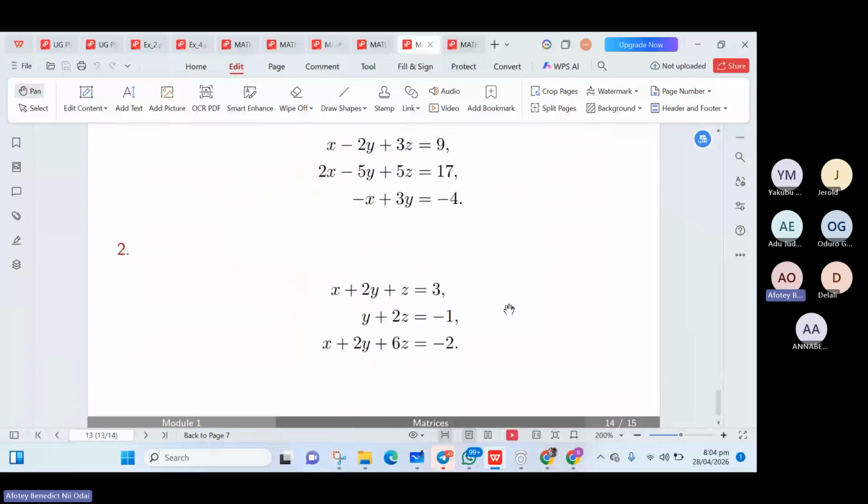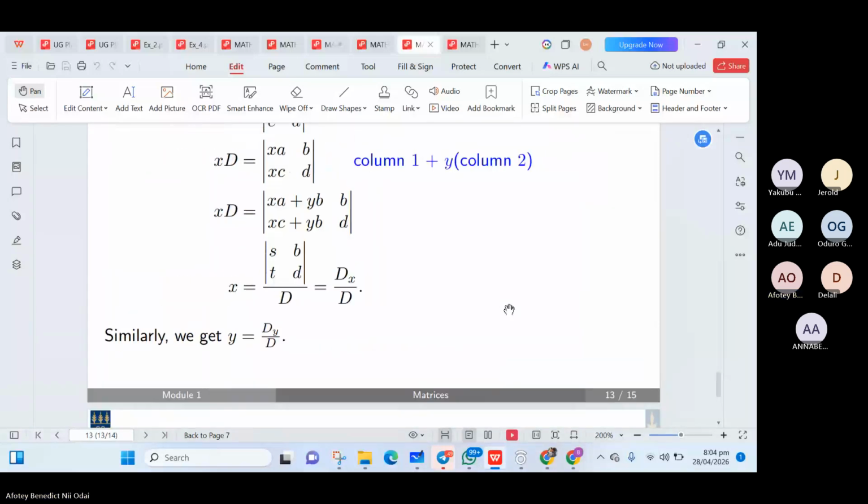Let's see the next thing that we have to do. I think we are done with these slides. Now, the final thing that we'll be doing under matrix is the Gaussian elimination, the Gauss-Jordan elimination, and finally, plane transformation.